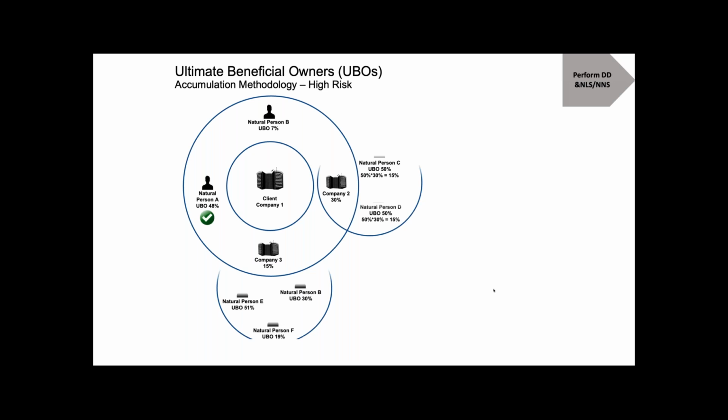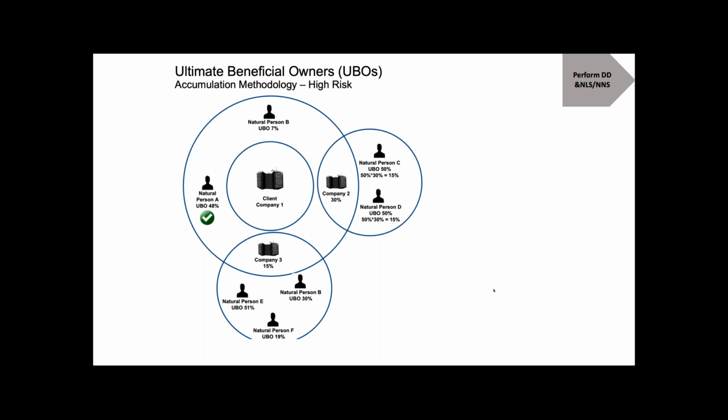Then we drill further and realize that natural person C owns 50% of company 2, which makes it 15%, similar to natural person D. And natural person B owns 30%, natural person F owns 19%, and natural person E owns 51%.